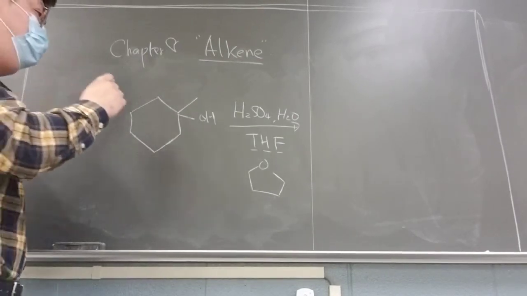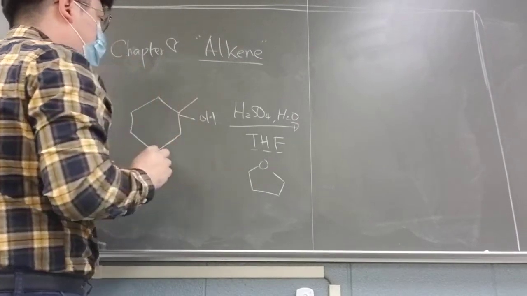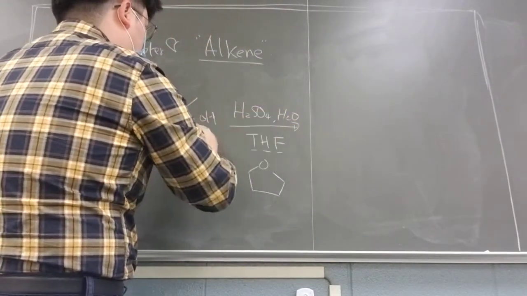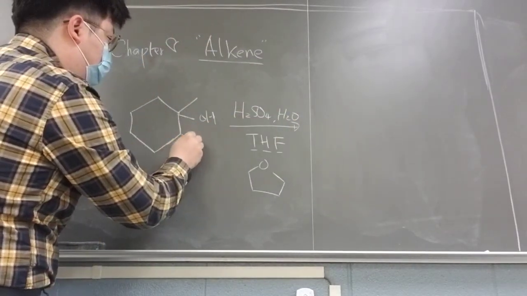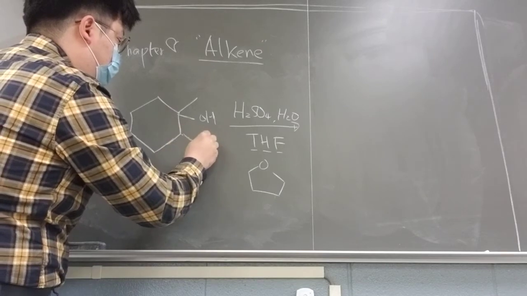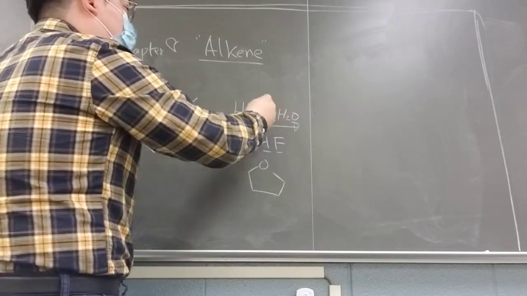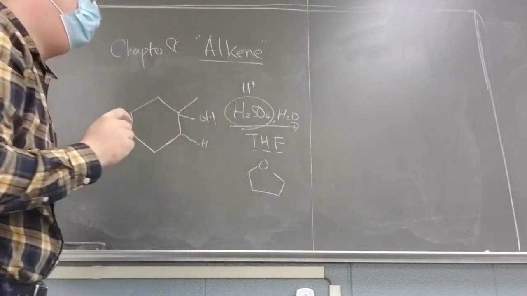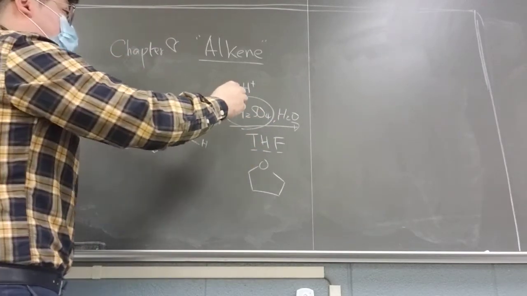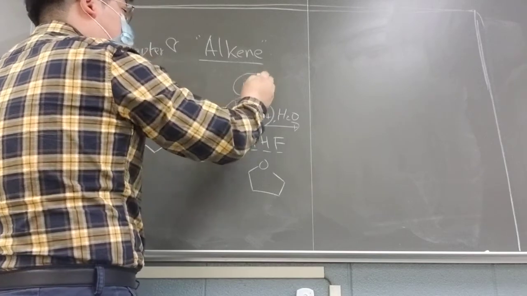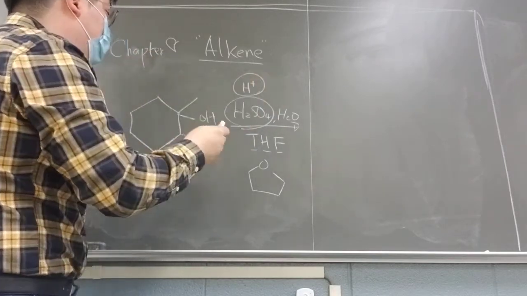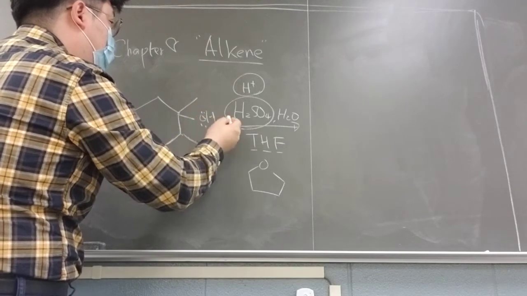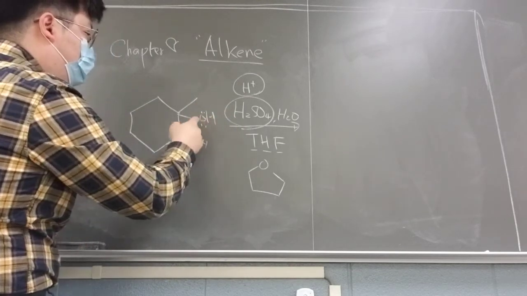If that is happening here, you can assume there will be... So if you have this here, this is a strong acid, right? So you're going to have lots of hydrogen cations. What happens to this one is, there are 2 lone pairs.